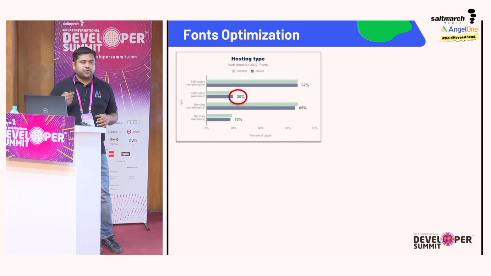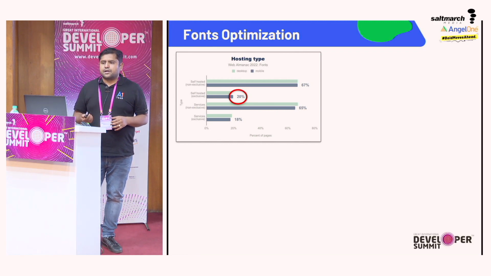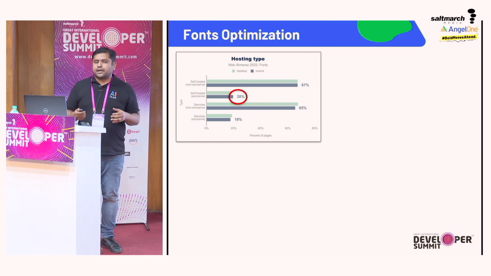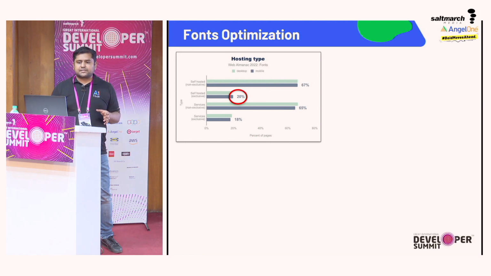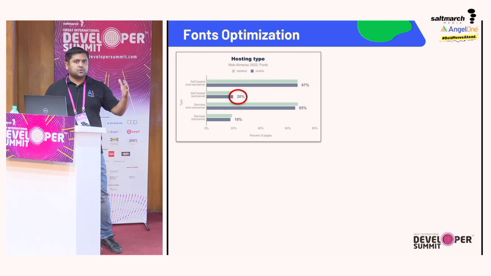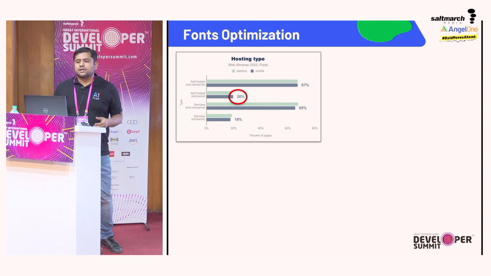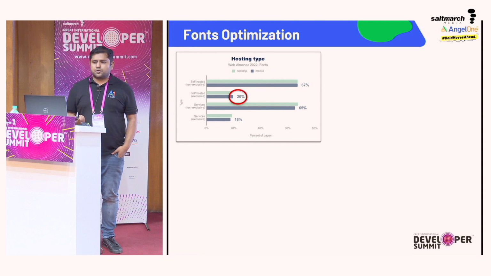But from Chrome version 85, they have implemented cache partitioning. What it means is that website B won't be able to access any cached resource from website A. So in the previous example, even though the font was in the cache, the browser will still go and fetch the same font from the server while the user is opening website B. So that perk is not there anymore.